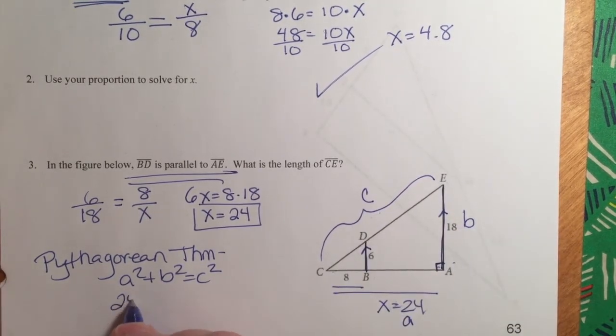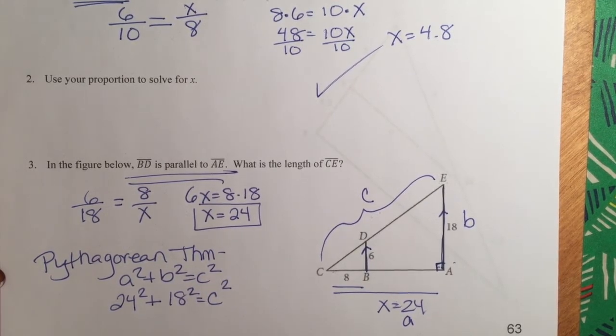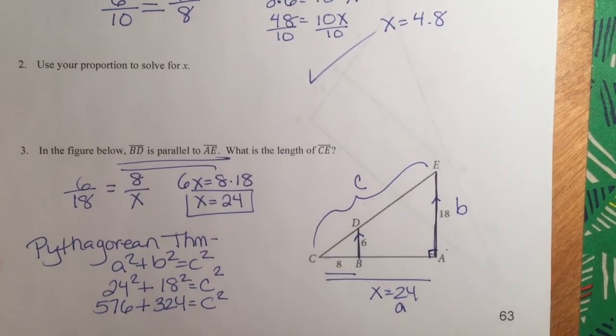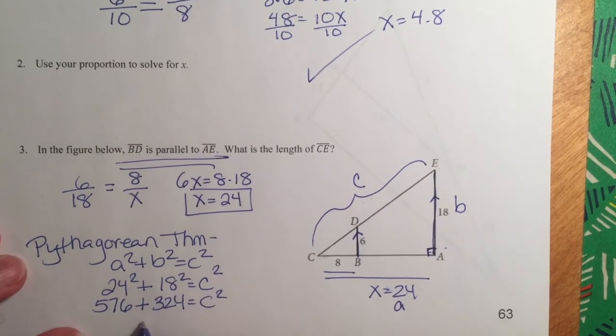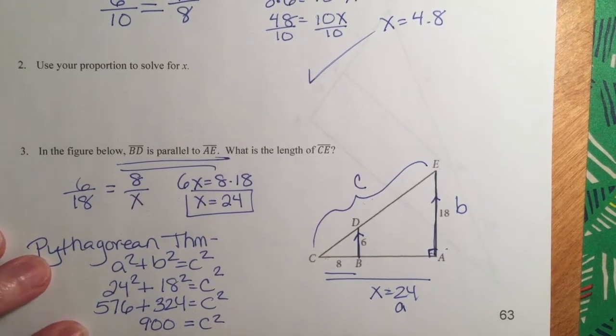So 24 squared plus 18 squared equals our answer squared. Okay? So 24 squared is 576. You can just grab a calculator. 18 squared is 324. If you add those together, they add up to a nice even 900, which is fantastic because we need to take the square root.